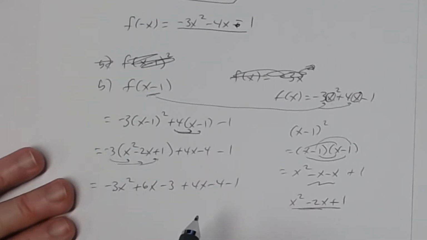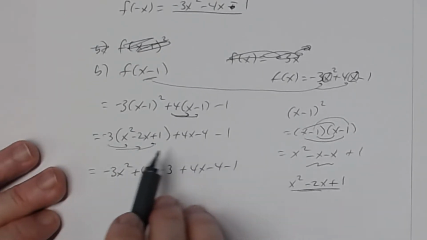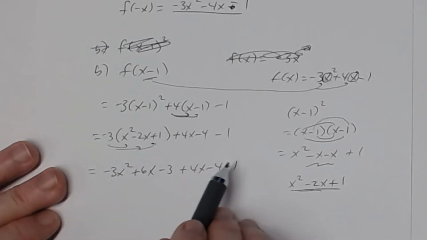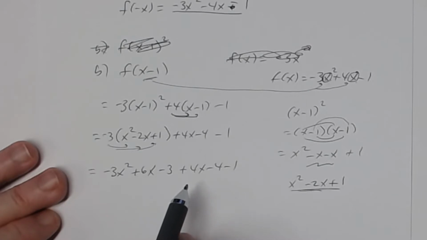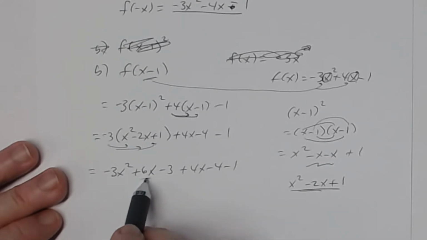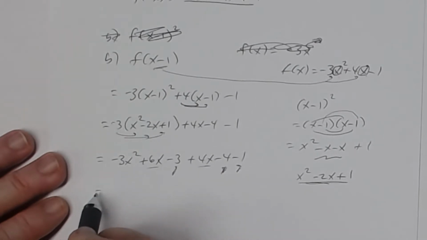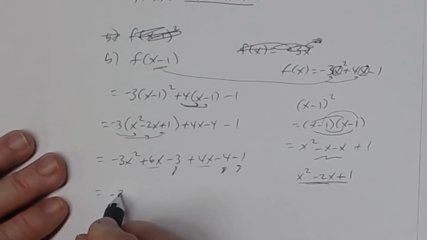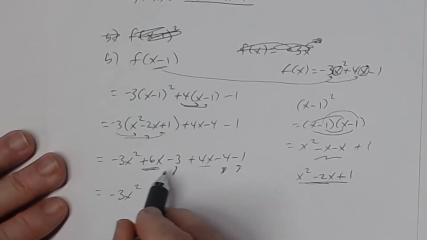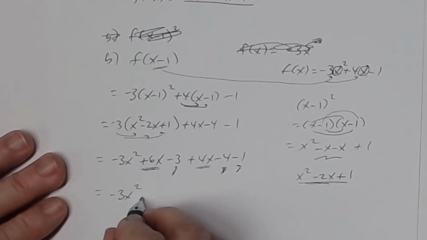Now I need to ask myself, can I simplify this expression any further? And the answer is yes, because these terms here are like terms. Putting this in descending order, I get negative 3x squared. 6x and a positive 4x is positive 10x.